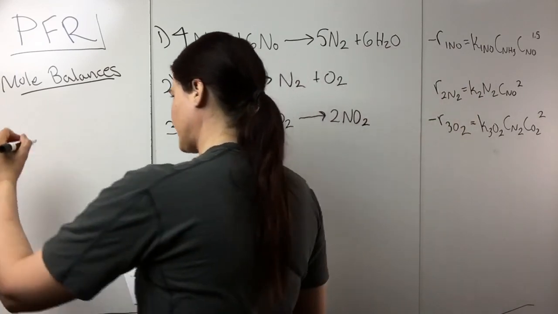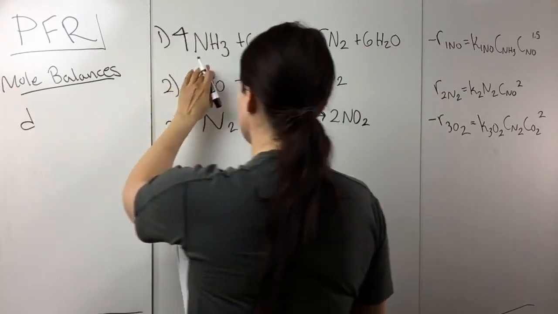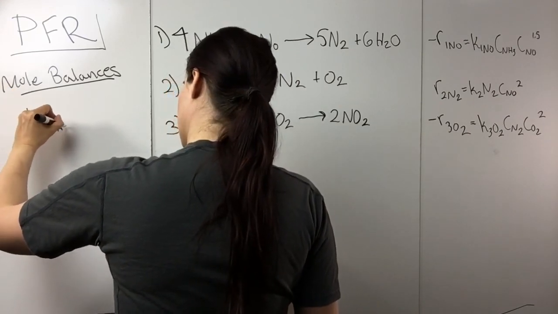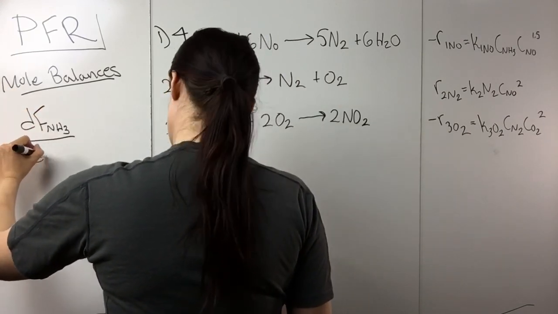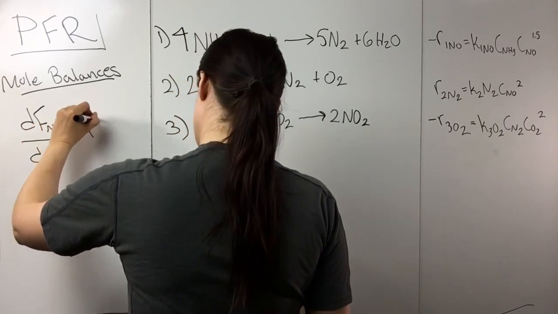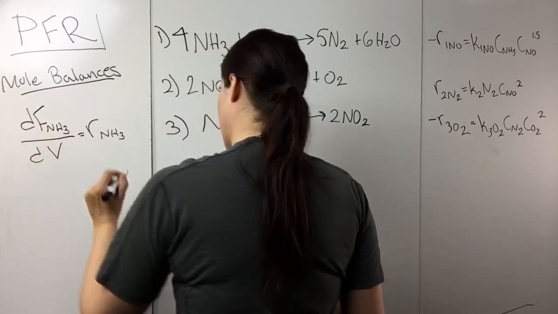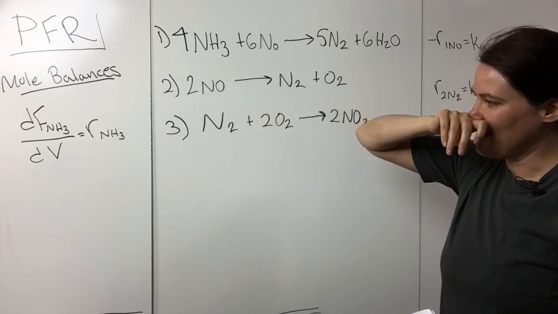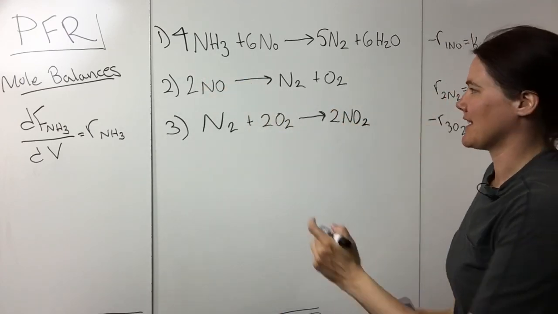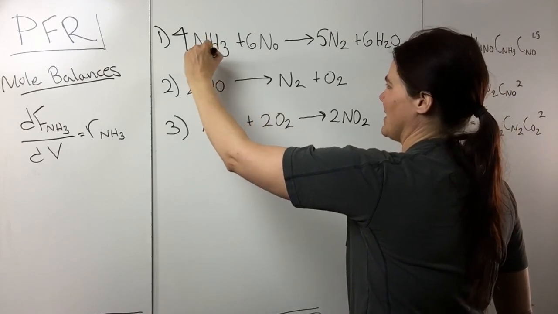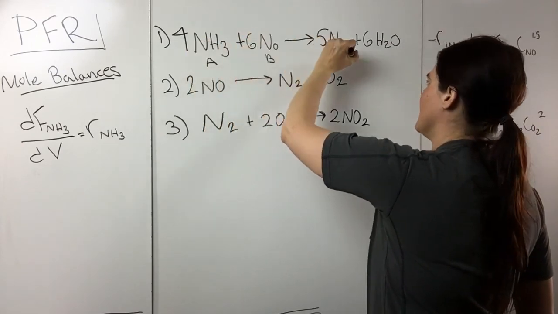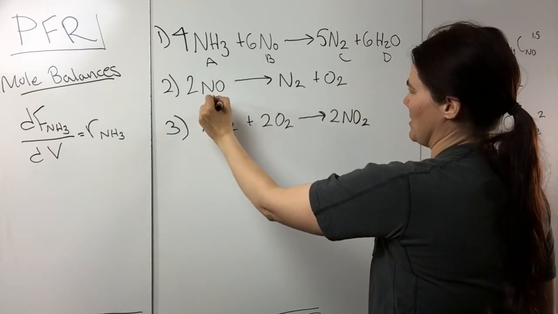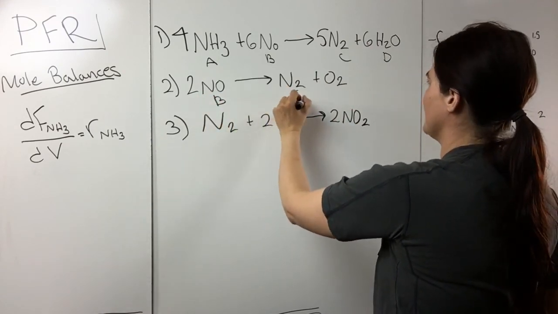So for NH3, you would have dF_NH3/dV is equal to r_NH3. Normally when I'm writing equations like this, I like to go through and say that one's A, B, C, D, and then number the others accordingly.